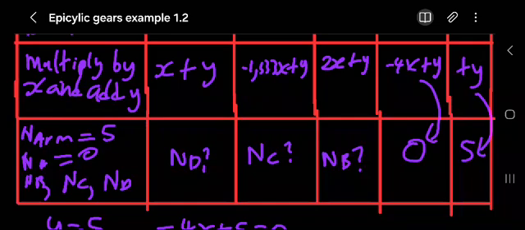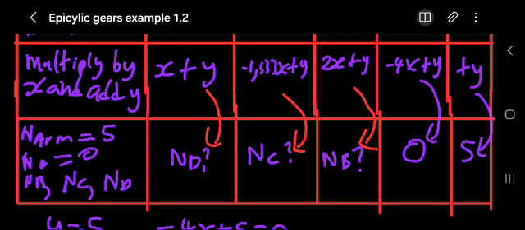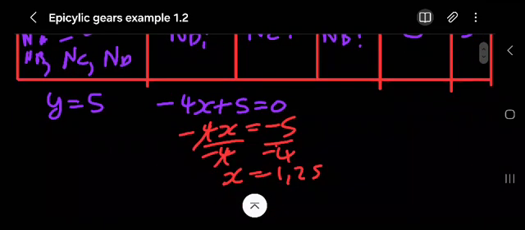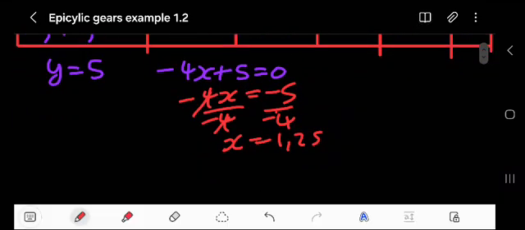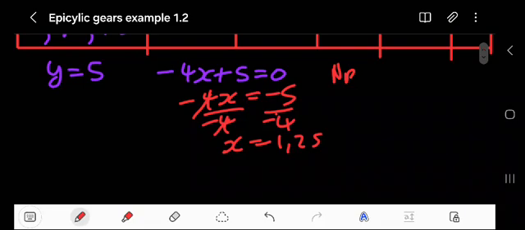So let us try and equate 2x. Remember, we want NB. We equate this on the top to that. NB must be equal to 2x plus y, as you have seen there.